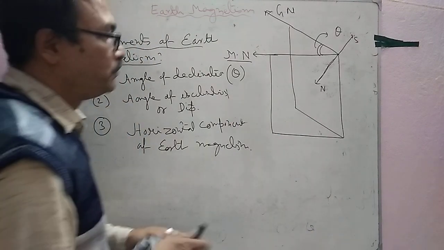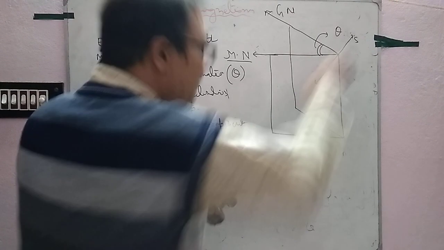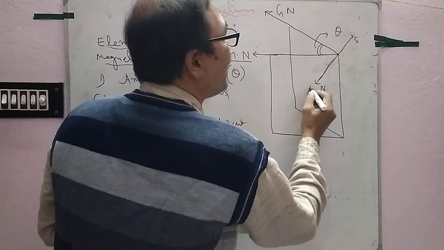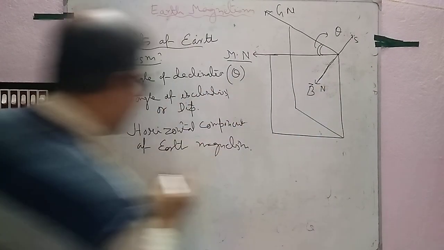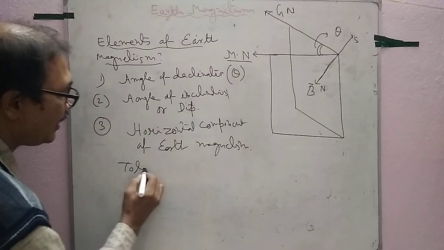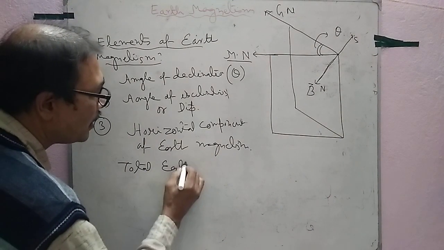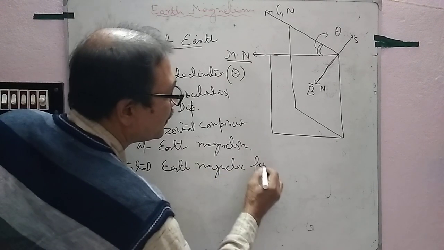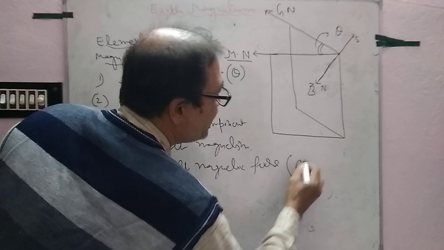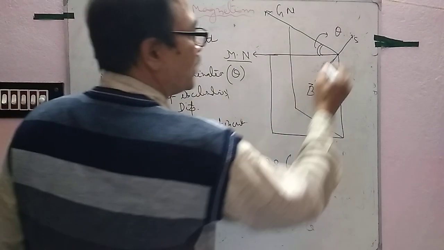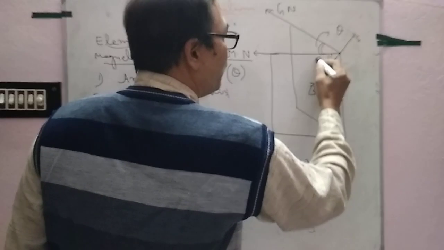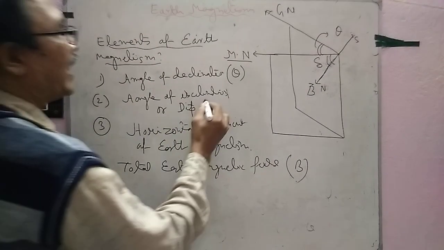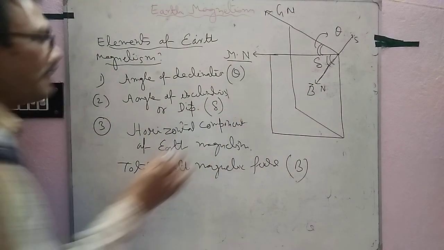Now in this direction is the total earth magnetic field, which we consider as B. So this is the direction of B. This angle, suppose sigma, is called the angle of inclination or dip.